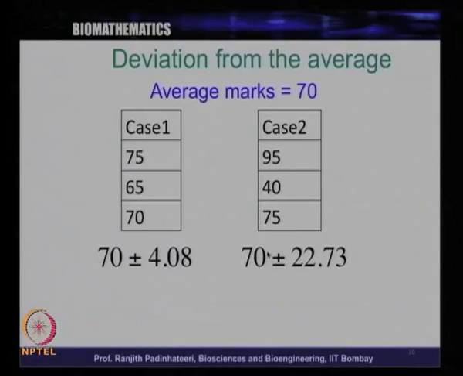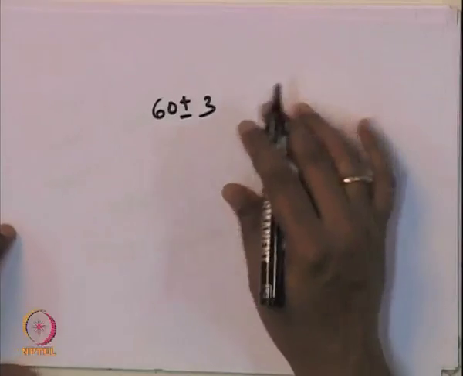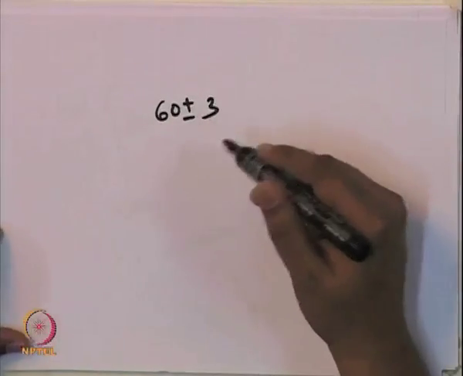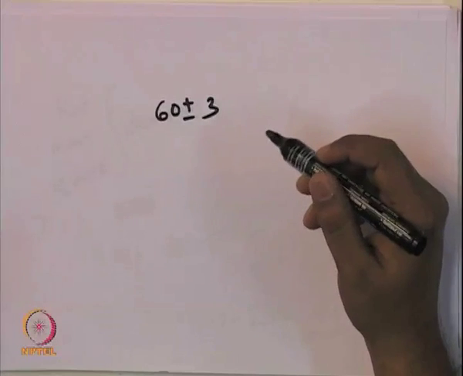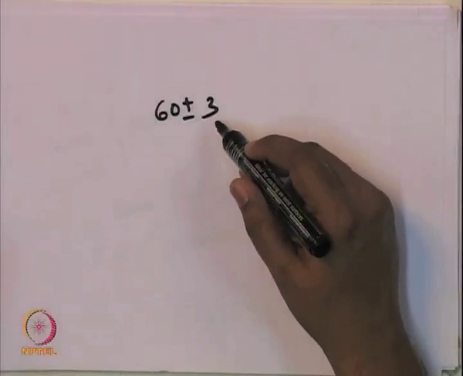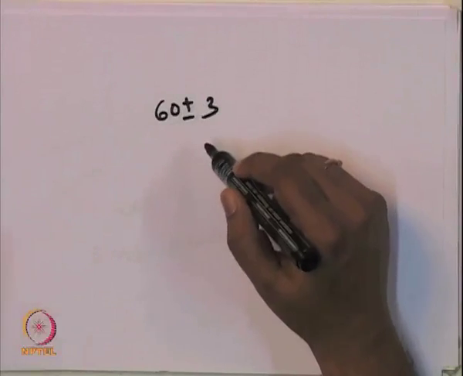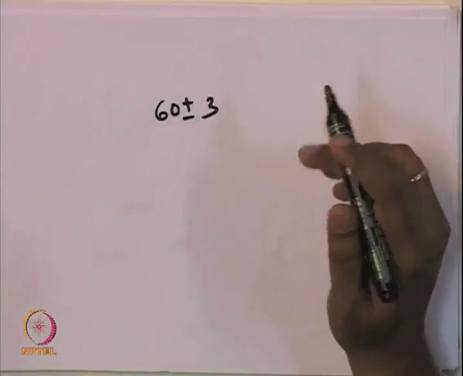The moment somebody tells you that the mark is 60 plus or minus 3, you can immediately guess that the mark is around 60 and can't be very different. It is around 60 only, like 63 and 57 if you take the extremes.